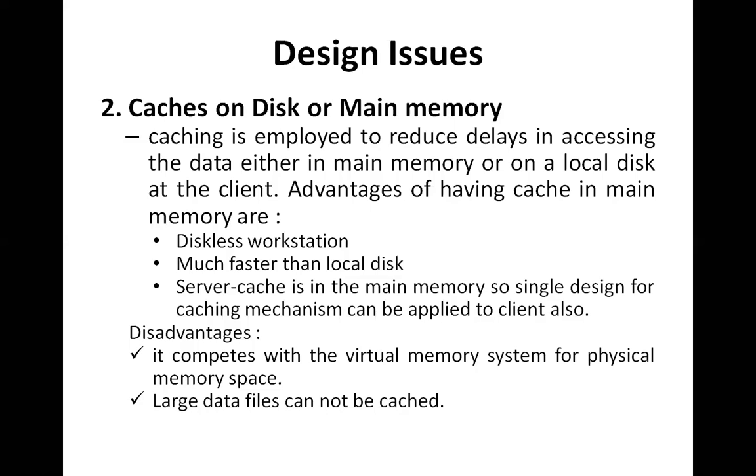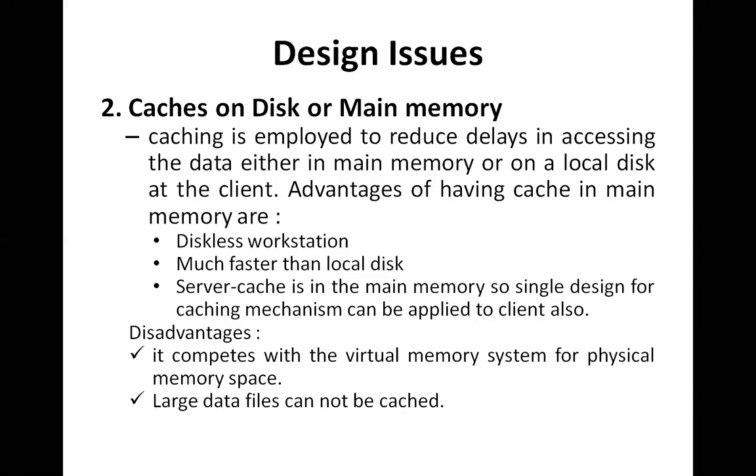The consequence is that we have a complex cache manager and a complex memory management system. Another limitation of using main memory as the cache is that we cannot store large files in the cache because the size of the cache is very limited.